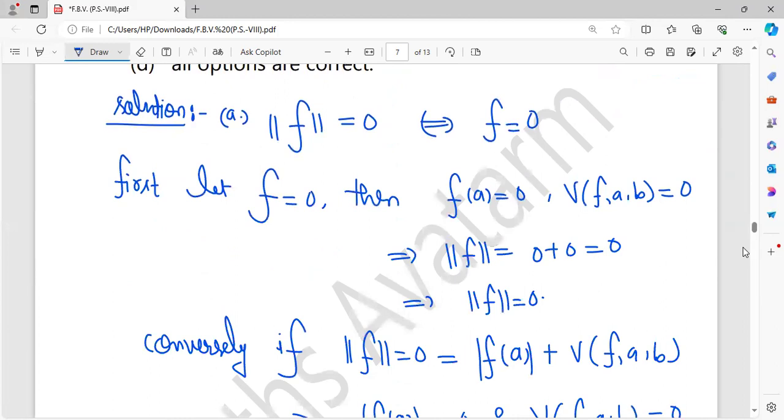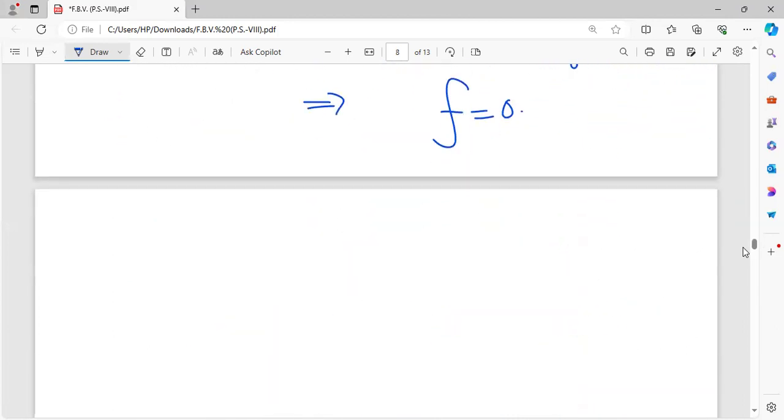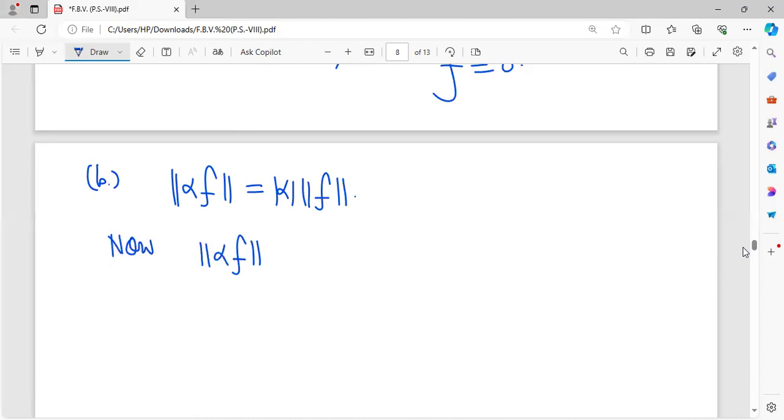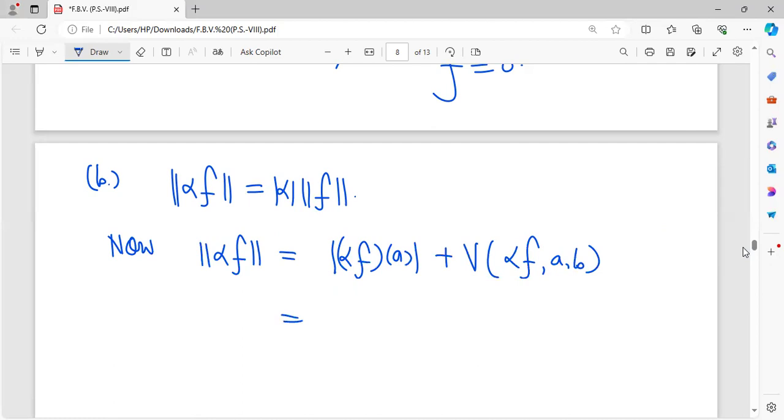Now see option B. Option B is the norm of alpha times F is equal to the absolute value of alpha times the norm of F. Now what is the norm of alpha F? This is the absolute value of alpha F(a) plus the variation of alpha F on [a, b].